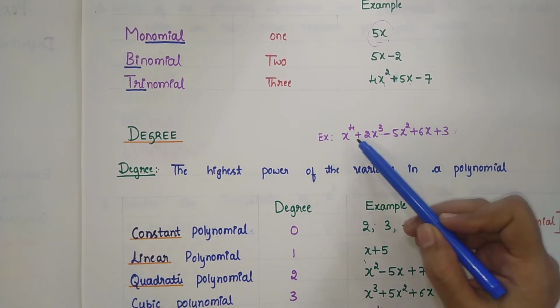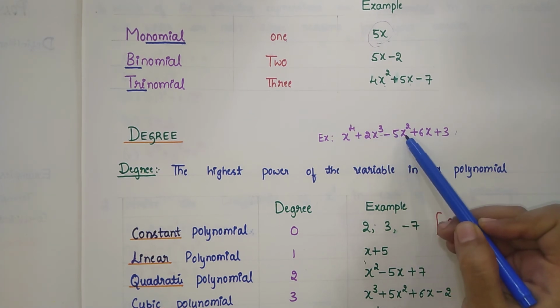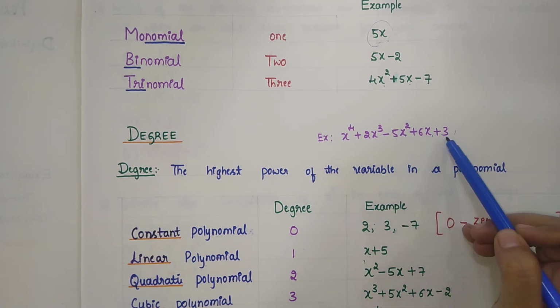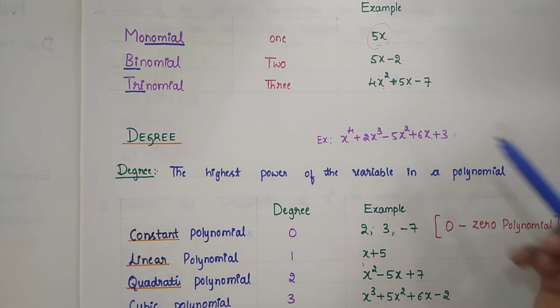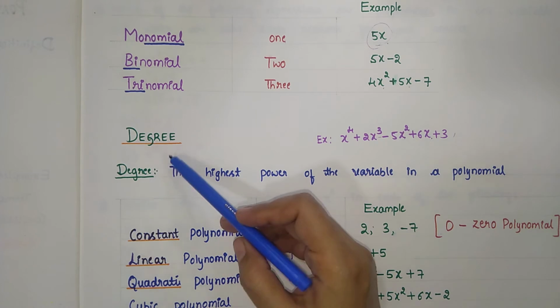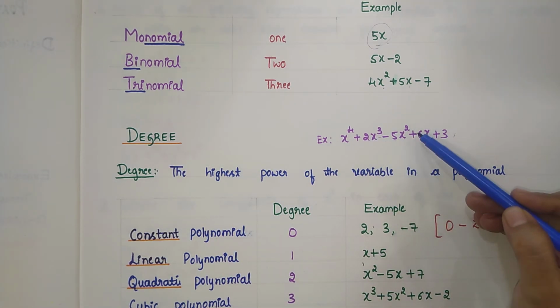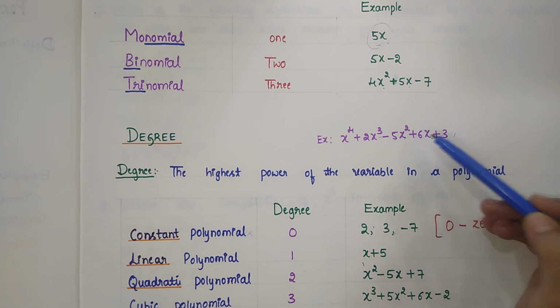I've taken an example x power 4 plus 2x cube minus 5x square plus 6x plus 3. So in this polynomial we have 5 terms, and degree is defined as the highest power of the variable in a polynomial is called as the degree of that polynomial.